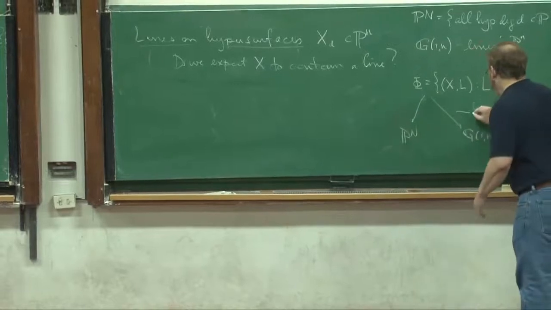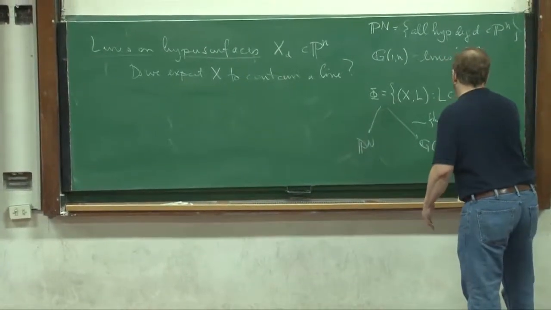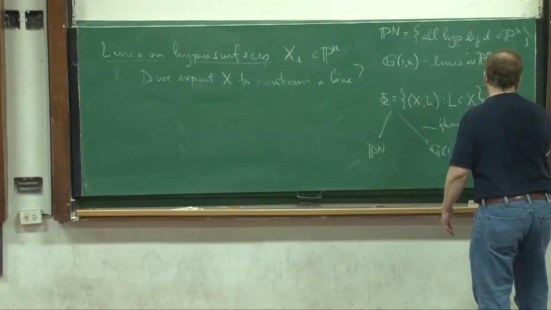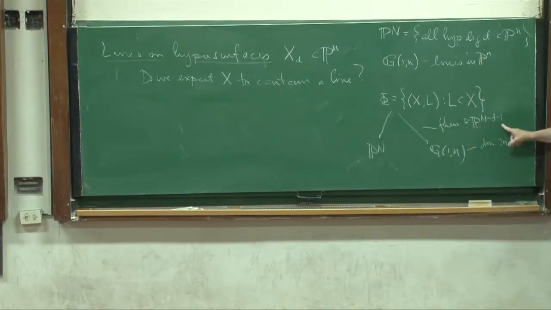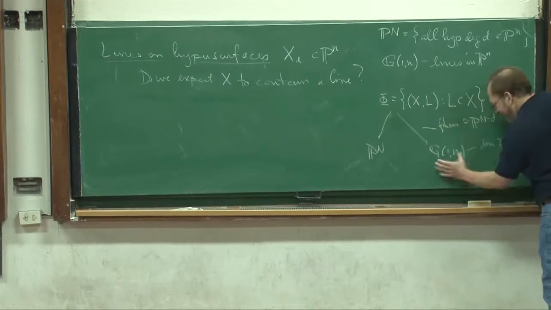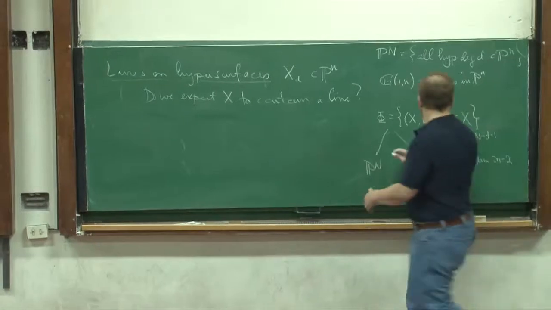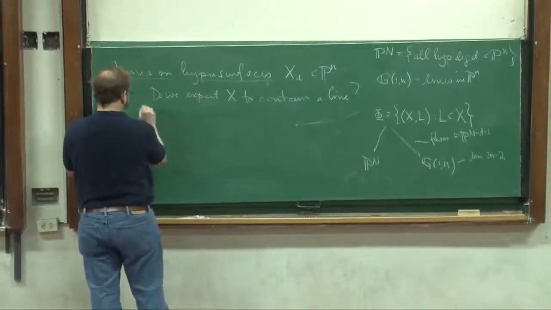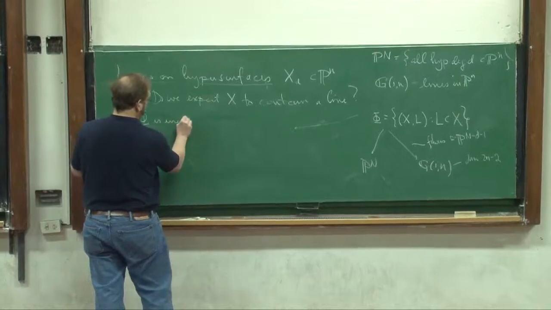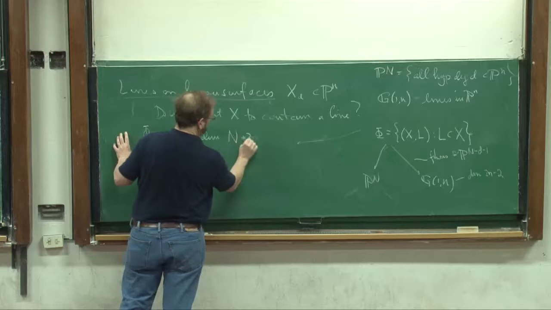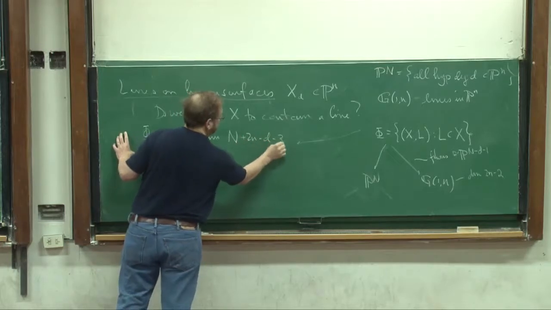So the fibers here are just projective spaces of dimension N minus d minus 1, relatively easy to see. And the conclusion from these two facts is that Phi itself is irreducible of dimension N plus 2n minus d minus 3.